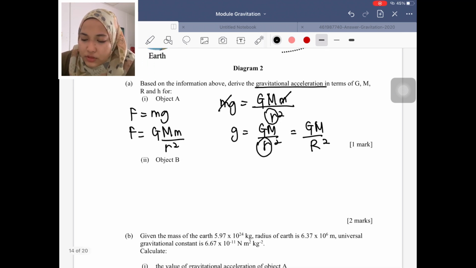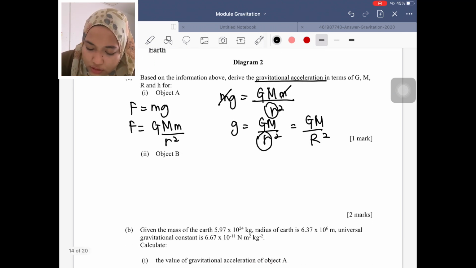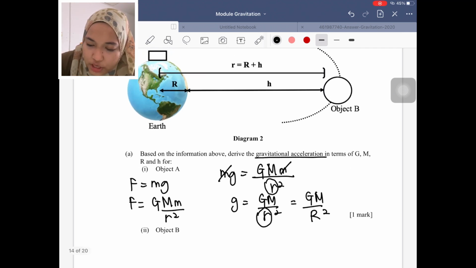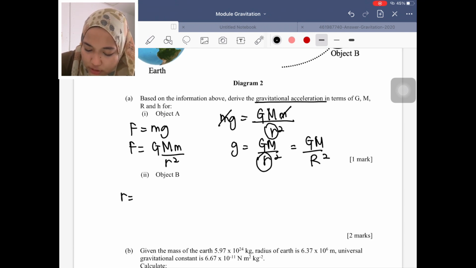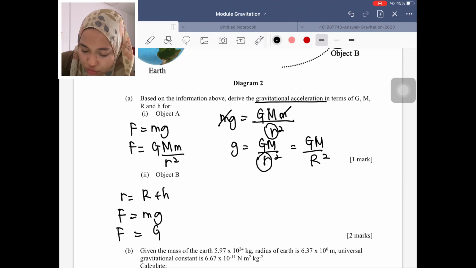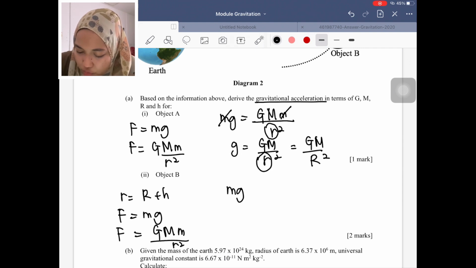Okay, so next, object B. So object B dia ada height, so dia punya R dia adalah R plus H. So F equals to mg, F equals to G M m over R squared. So when we equate both equations, kita gantikan R tu.